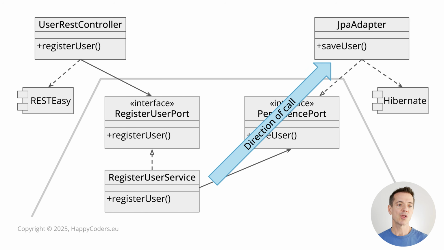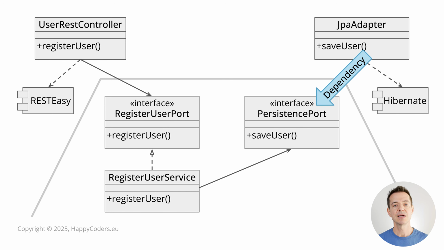As a result, the call goes from inside to outside, but the source code dependency goes from outside to inside. And this means the application core has no dependency on the JPA adapter and also no indirect dependency on Hibernate.